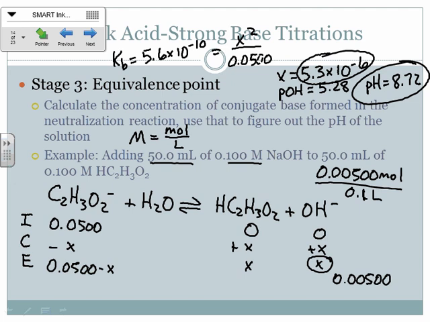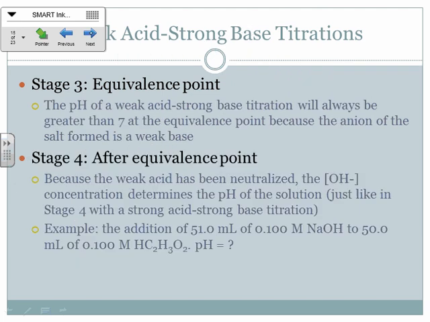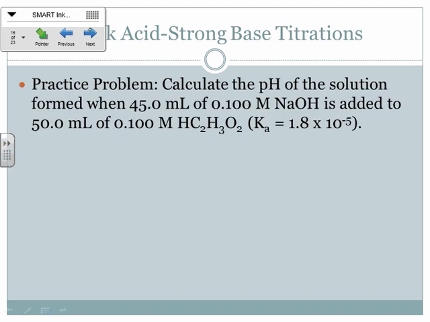The 50 milliliters adding to 50 milliliters, that's at the equivalence point. And then we did one that was an example after the equivalence point. This one right here is actually before the equivalence point, which I don't know why I didn't put in while we were talking about that, but here it is, okay? So this one is before we get to the equivalence point. You should have a blank section there where you can work this one out, okay?